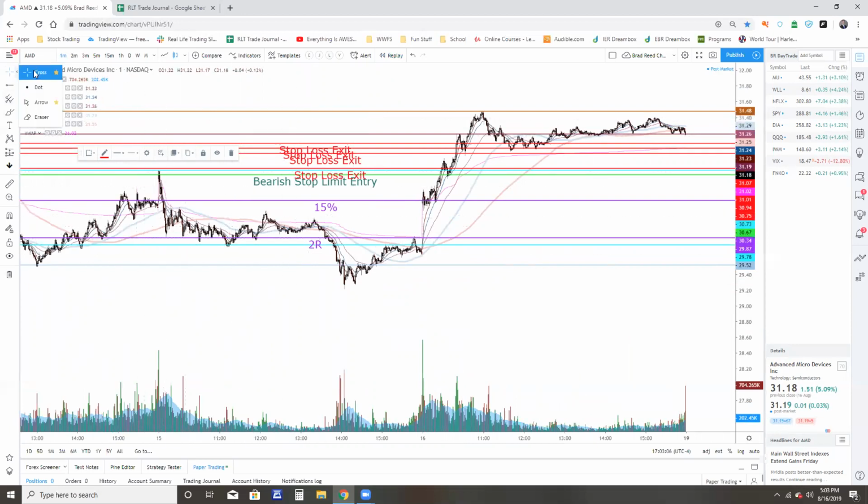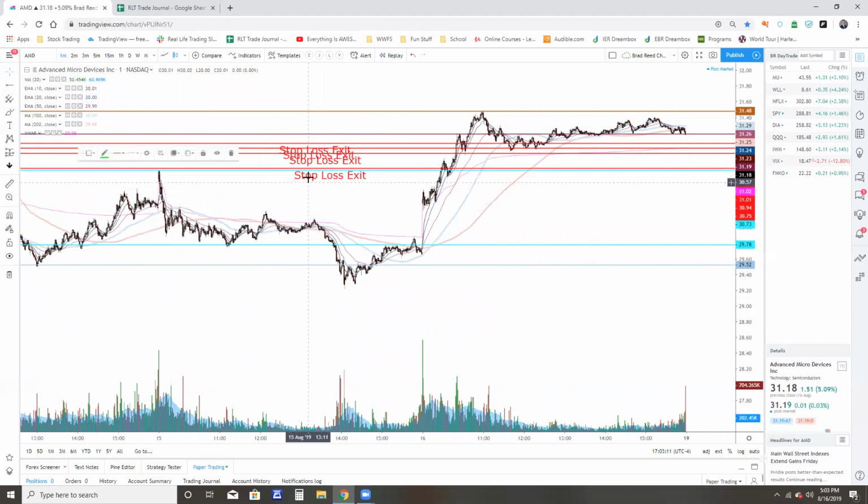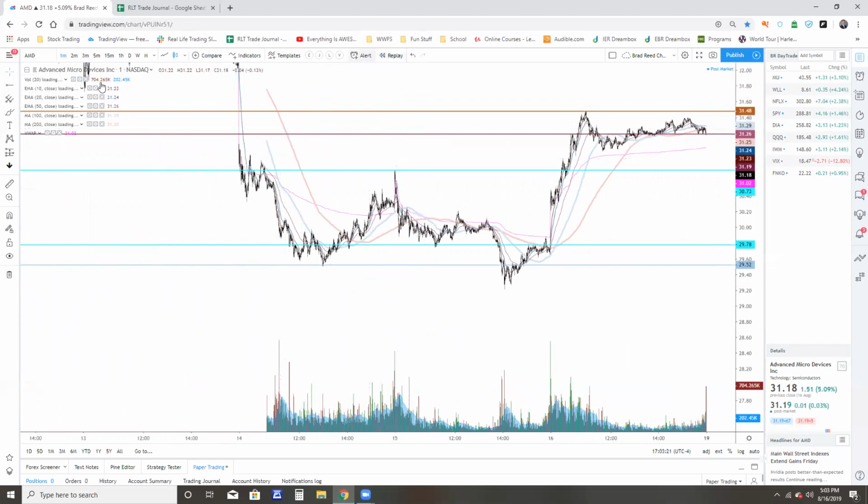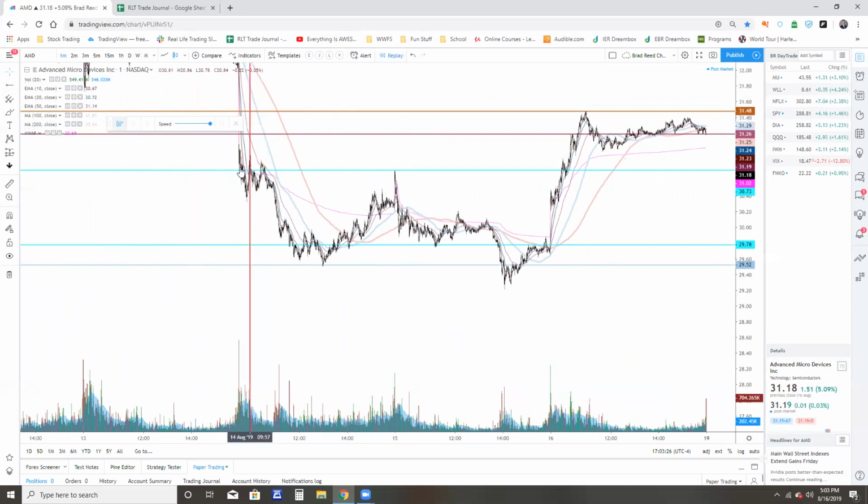Let me clean up my lines. And if I were trading this in real life, I probably would not have been on the 1 minute chart for that long. So replay.